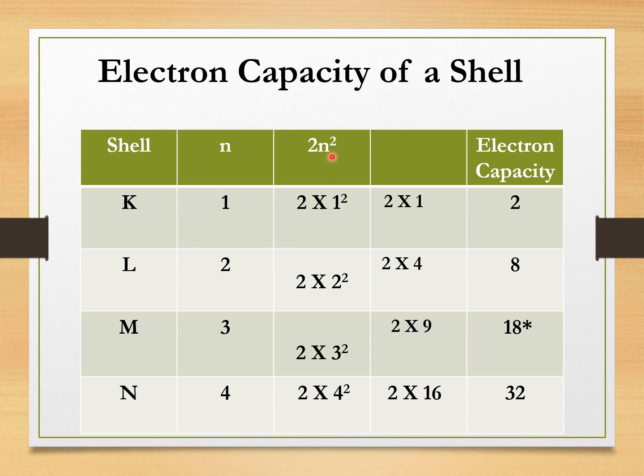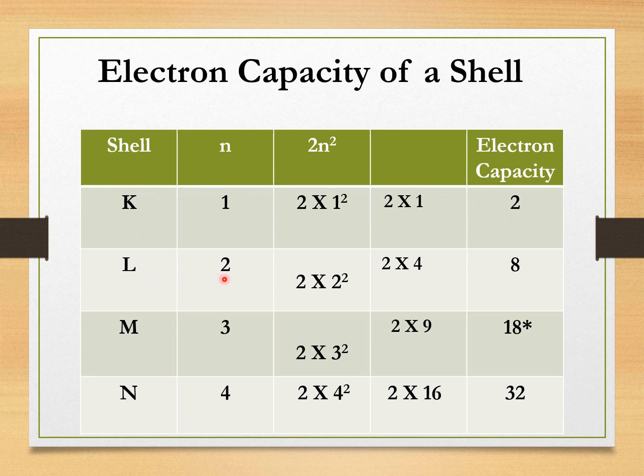So here you can write the value of n as 1 for the K shell. If you substitute the value in the formula, you will get 2n square is equal to 2 into 1 square, which is 2 into 1, equal to 2. So the electron capacity of the first shell is 2.